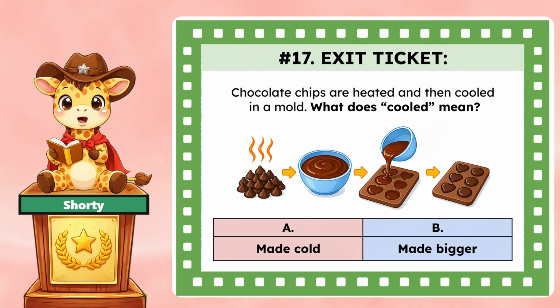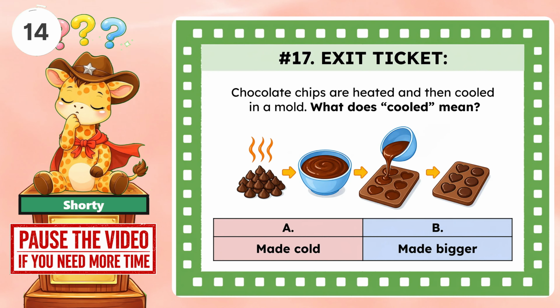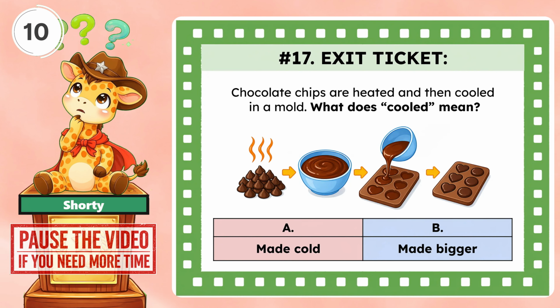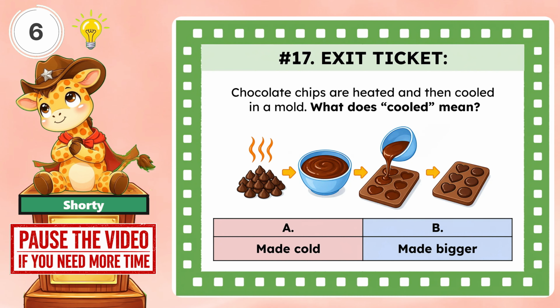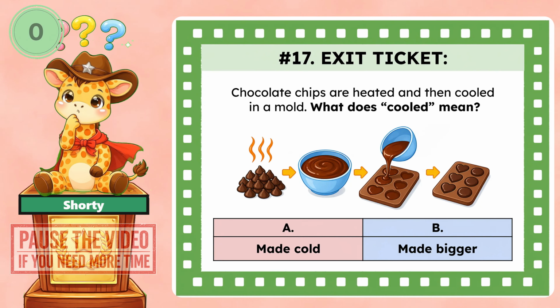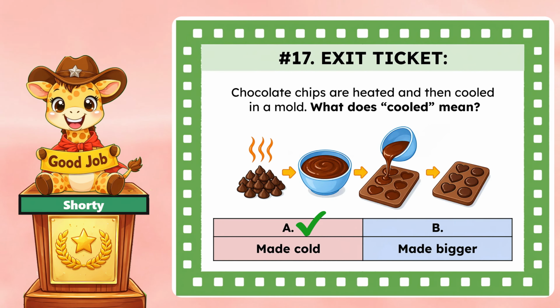Chocolate chips are heated and then cooled in a mold. What does cooled mean? And the correct answer is letter A, made cold.